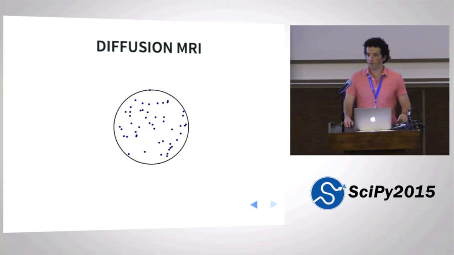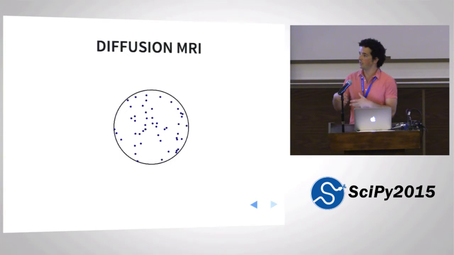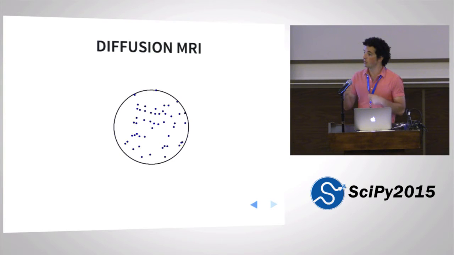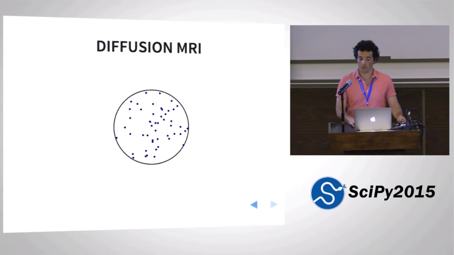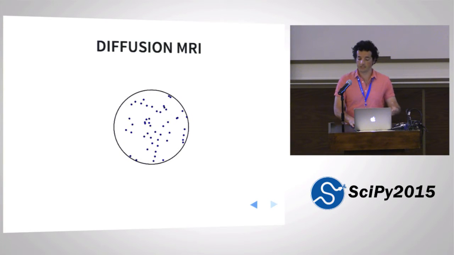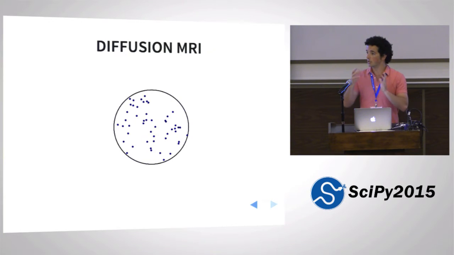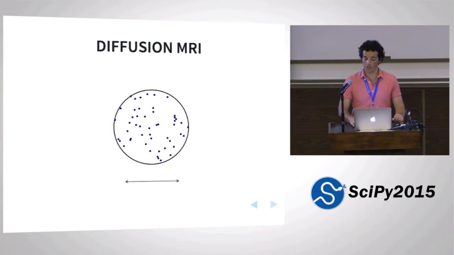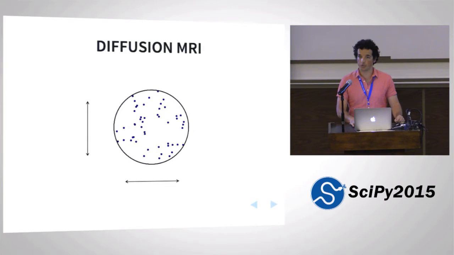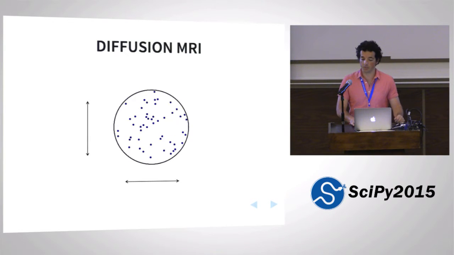Diffusion MRI relies on the fact that water inside of these nerve cells diffuses randomly and moves around in Brownian motion. In cases in which the cells are just spherical structures, diffusion is equal in all directions, and we call that isotropic diffusion.